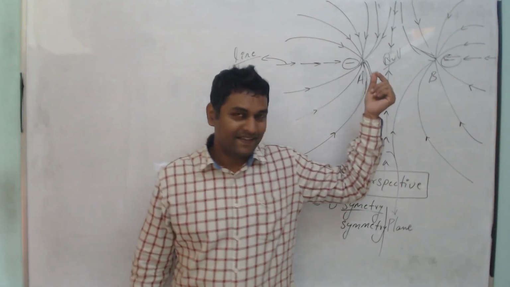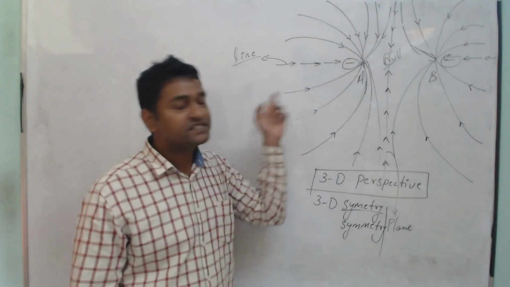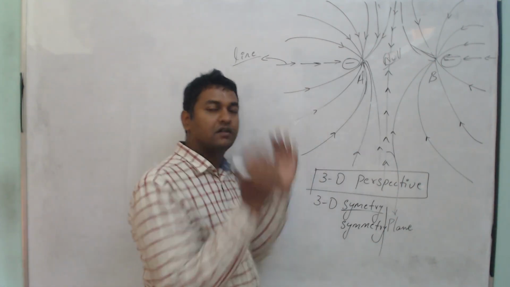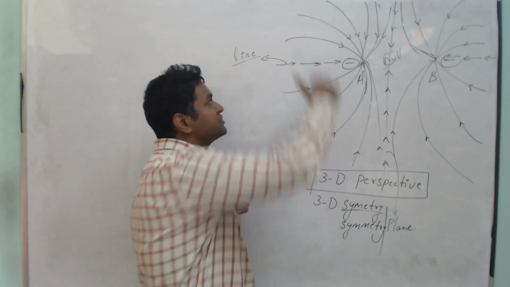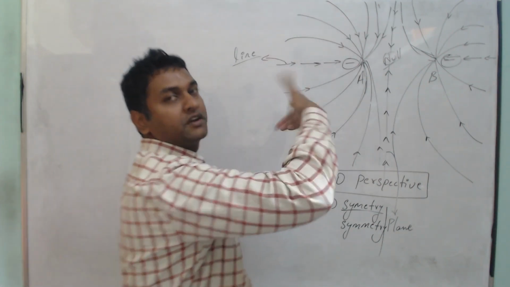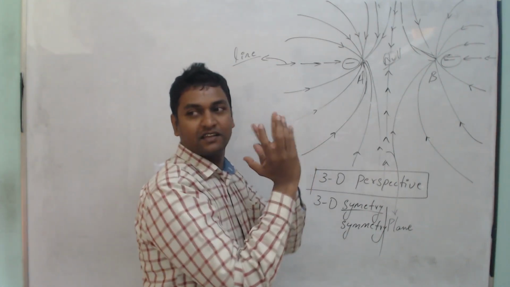Yes, sir. Is this clear? Yes, sir. And each of these lines will be more or less, we can say, parabolic kind of a thing. A parabola. Yes, sir. And if you imagine this one particular line and rotate it in 3D, you will get a cup or bowl kind of a thing. Yes, sir.